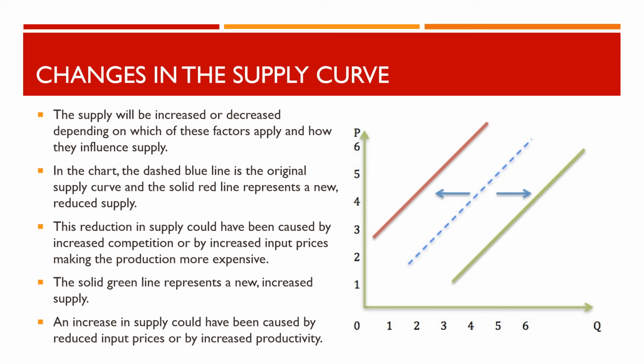In the chart, the dashed blue line is the original supply curve, and the solid red line represents a new, reduced supply. This reduction in supply could have been caused by increased competition, or by increased input prices, making the production more expensive. The solid green line represents a new, increased supply. An increase in supply could have been caused by reduced input prices, or by increased productivity.